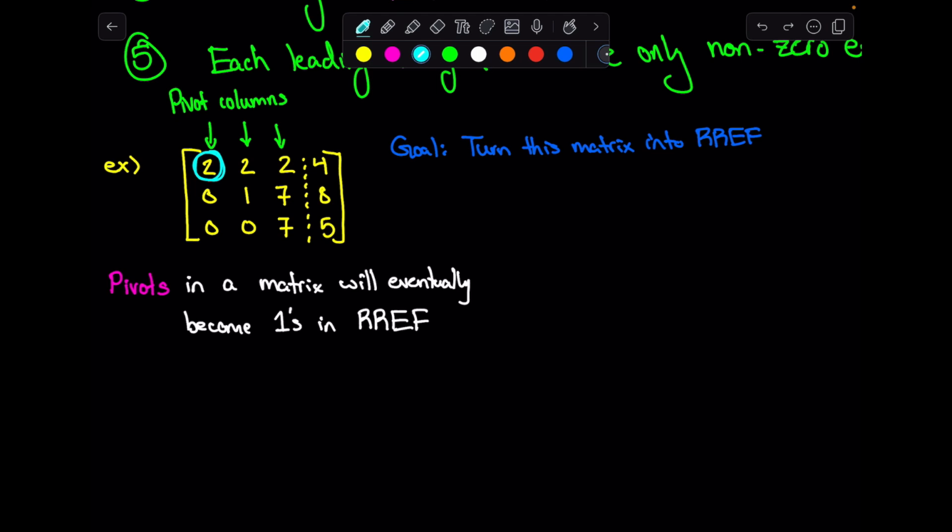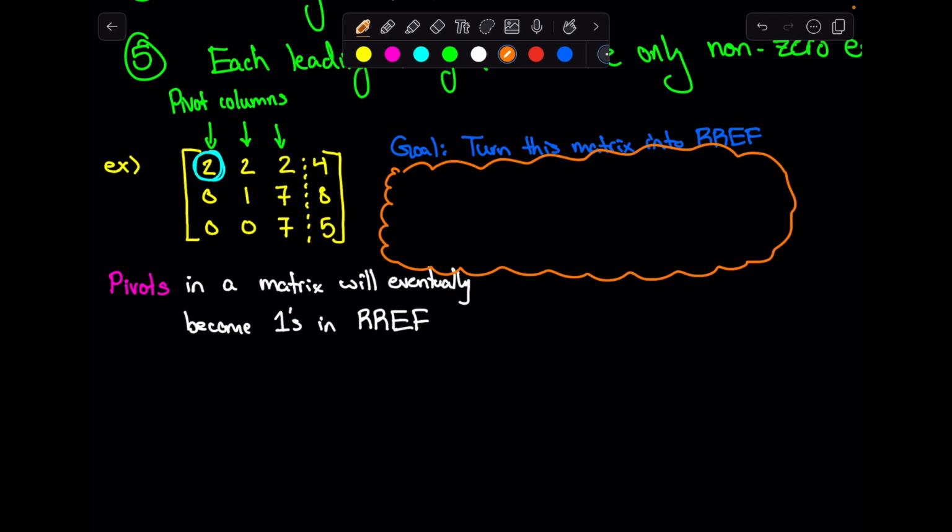What can we actually do to matrices and what can't we that makes sense? This is actually not too hard to think about, and I'm just going to make an aside here. What row operations can we do to a matrix?